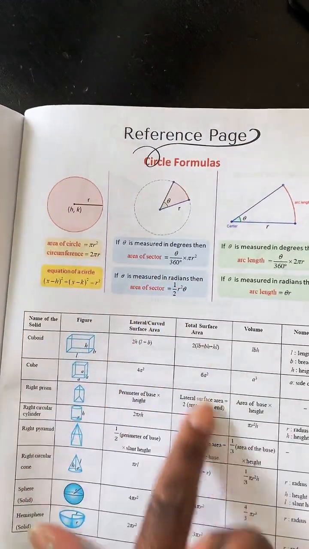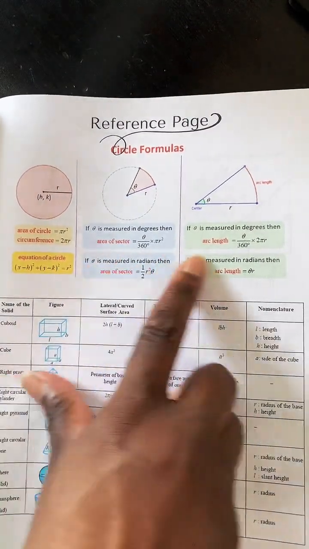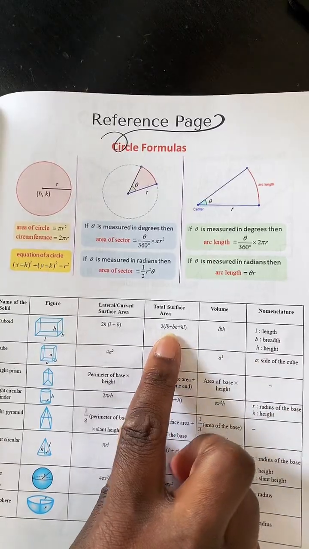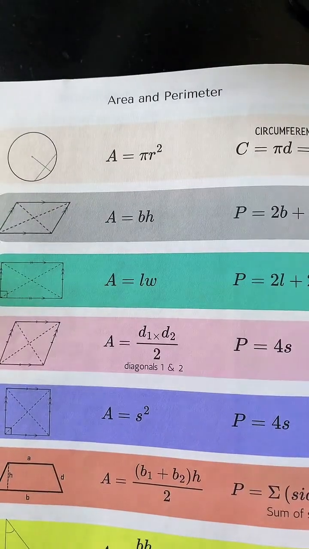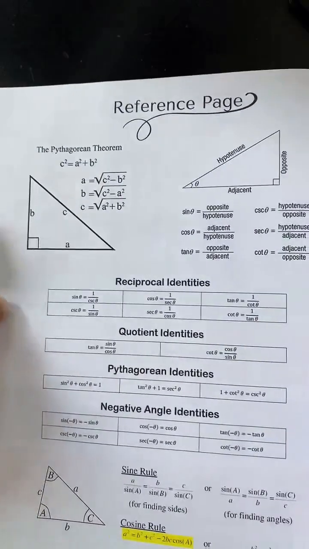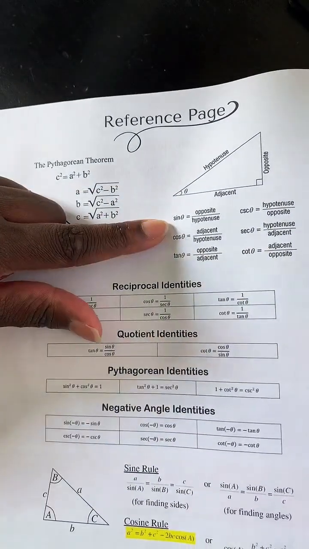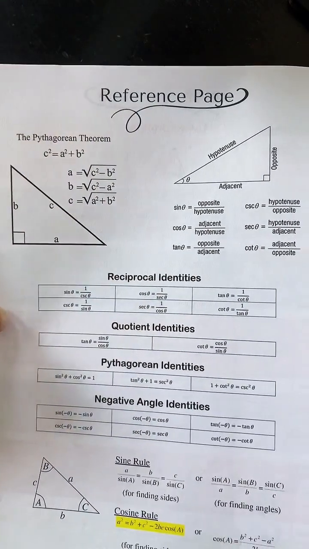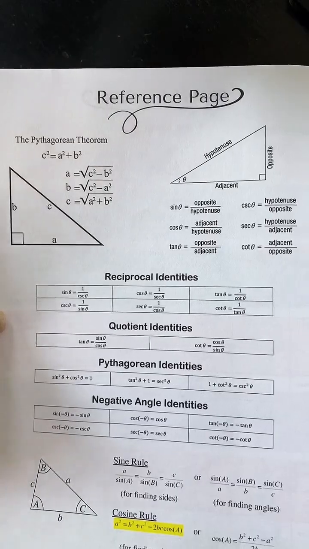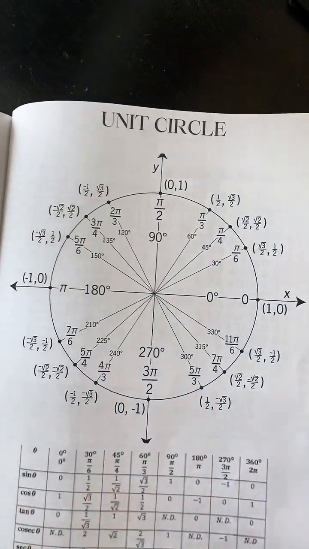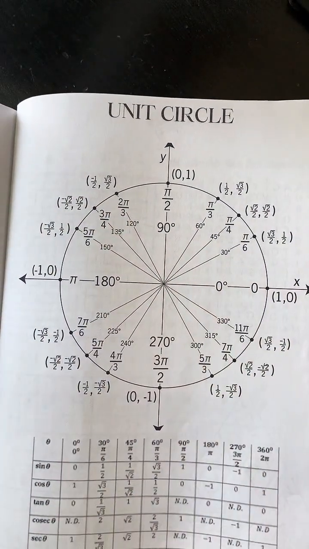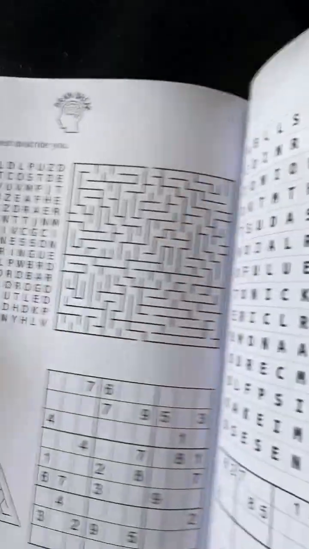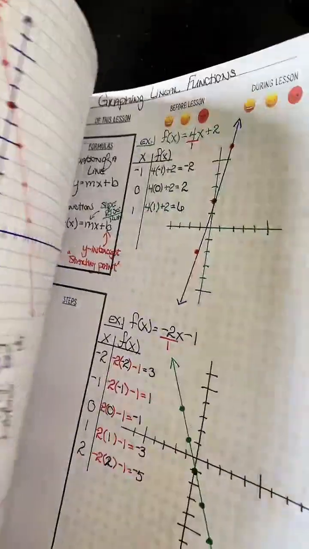Then we have a little more with the advanced kids, with the area of the sector, arc length, volume, surface area, area and perimeter, as well as Pythagorean theorem, SOHCAHTOA, a lot of the trig identities that they see usually in honors Algebra 2 or pre-calculus, and then the unit circle, okay? And at the end, I always like to have some kind of brain break activity, just something small, just to help break up the things and refocus.